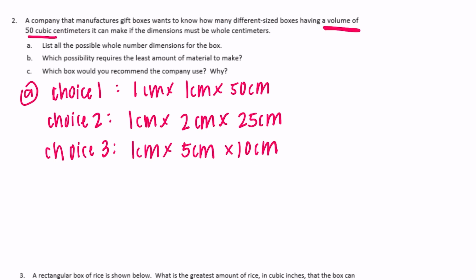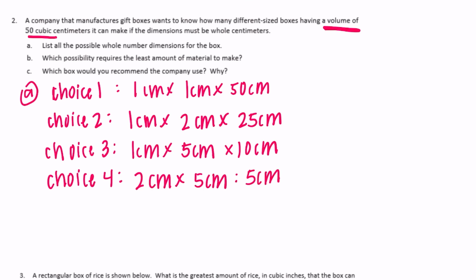So choice 4, we would have 2 centimeters times 5 centimeters, so that's 10. And then we would need to multiply it by another 5 centimeters, that would be 50. And then we can't factor these down anymore, so that is going to be it for our choices.